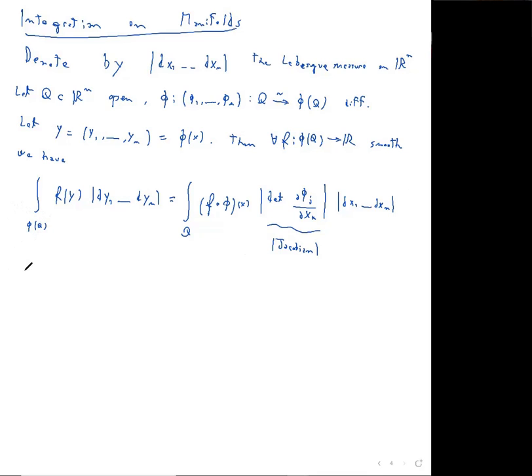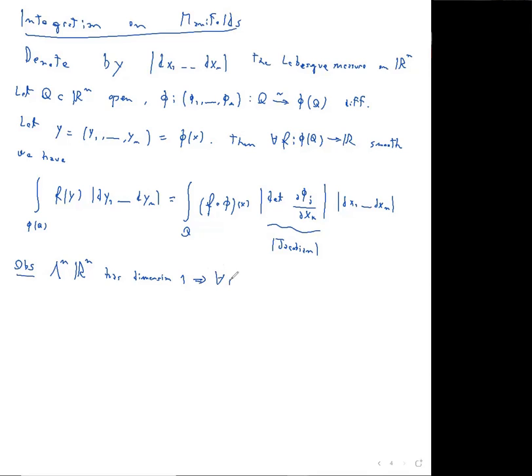And I want to show you this can be seen in a slightly different way. So for instance, the space of n-forms on Rn has dimension 1. In particular, the generator is dx1 wedge through dxn.